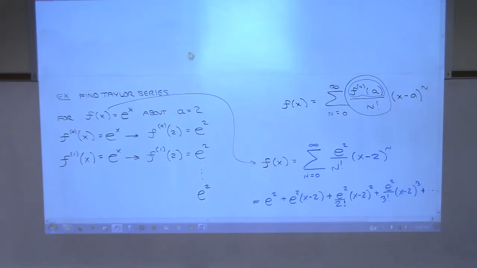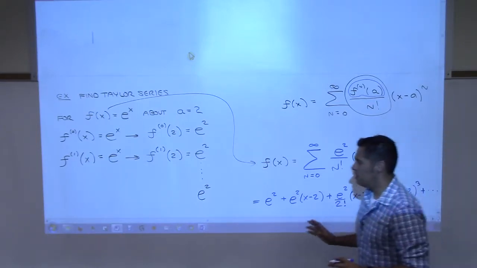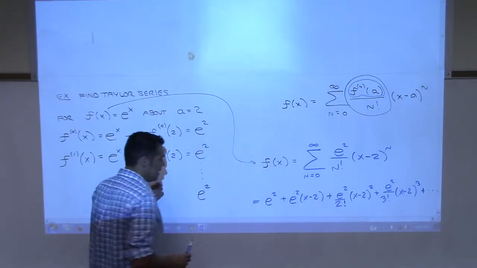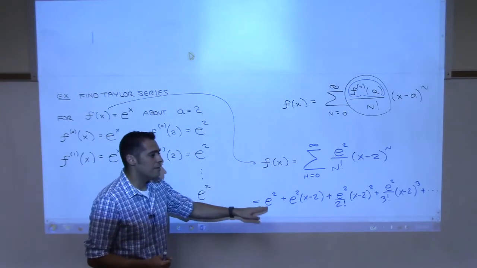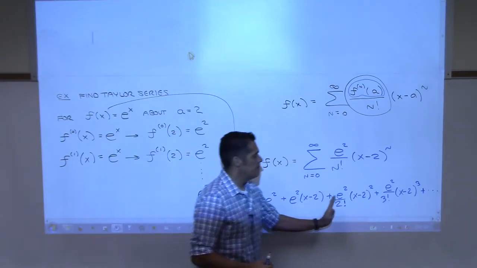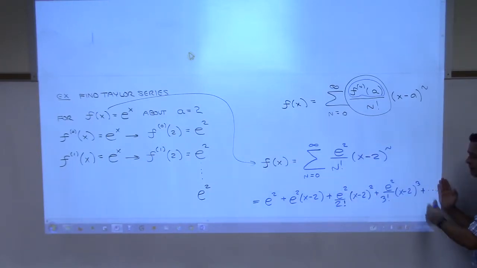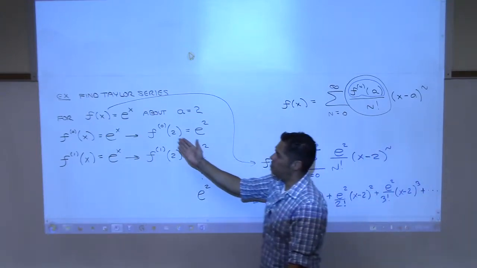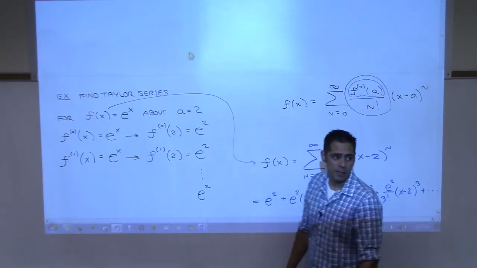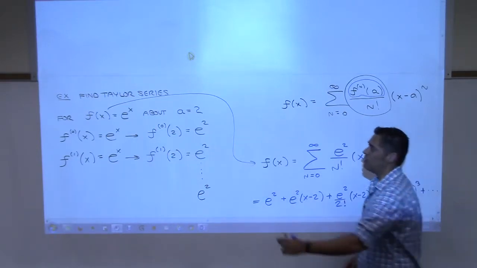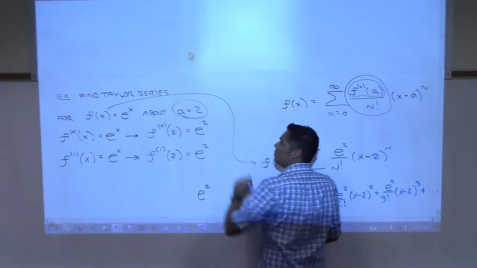So the idea here is that if I have a computer start graphing this polynomial, for the computer I'd have to stop somewhere, right? But if I go far enough, it should get closer and closer to what this function looks like, e to the x, especially around 2.